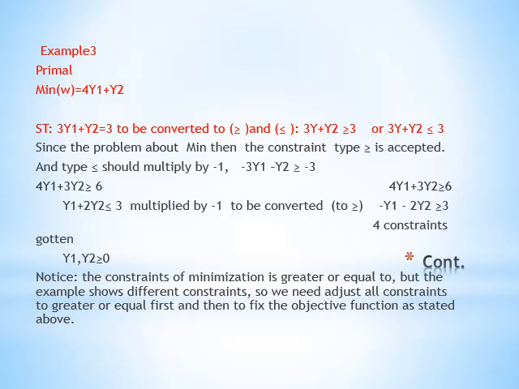Now, let's first fix constraint number 1. We assume that constraint number 1 may be more or equal or less or equal. So we are going to divide this equation into 2 inequalities. 3y1 plus y2 more or equal 3.